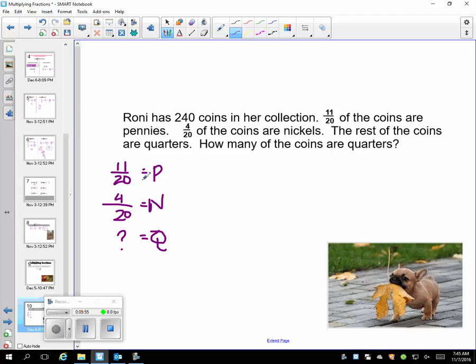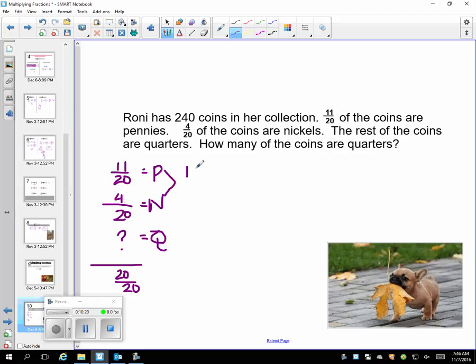So let's take a look. I know that 20/20 is a whole. So this plus this should all equal 20/20ths, which is a whole, because that would be all of my coins. So what I'm going to have to do to figure out the portion of the coins that are quarters, I'm going to have to add these two together, which I get 15/20ths.